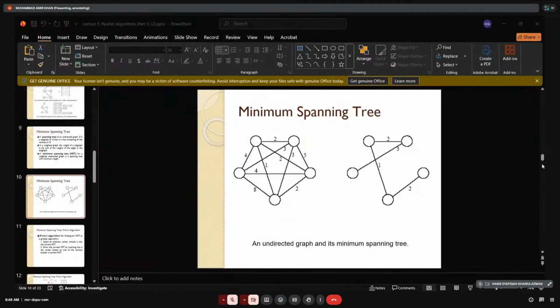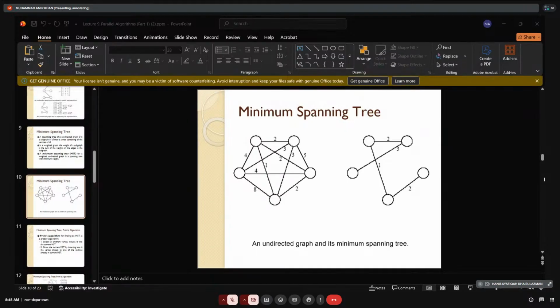Okay, again, I can give you an example for this. Imagine 3 houses A, B, and C that need to be connected by roads. The distance from A to B is 5 miles, B to C is 10 miles, A to C is 2 miles. So how do we build the MST?